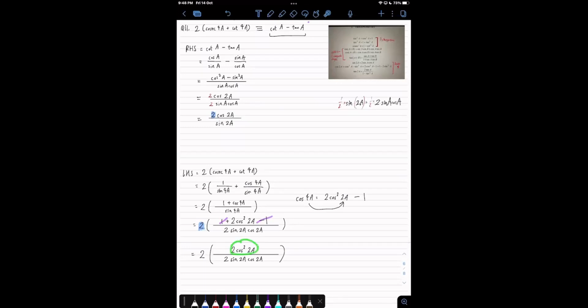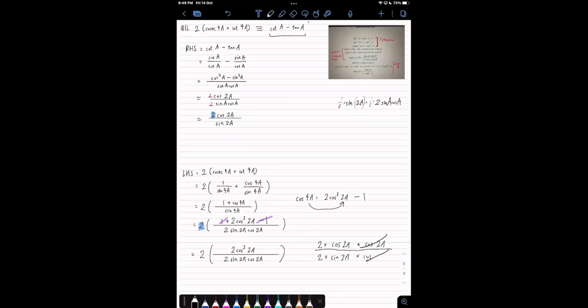Here you can read it as 2 cos square 2a, and 2 times sine 2a times cosine 2a. So 2 times cosine square is really just cosine 2a times cosine 2a, 2 copies of it. If it's cos cube, then 3 copies, cos power 4. Cancel. And very good.